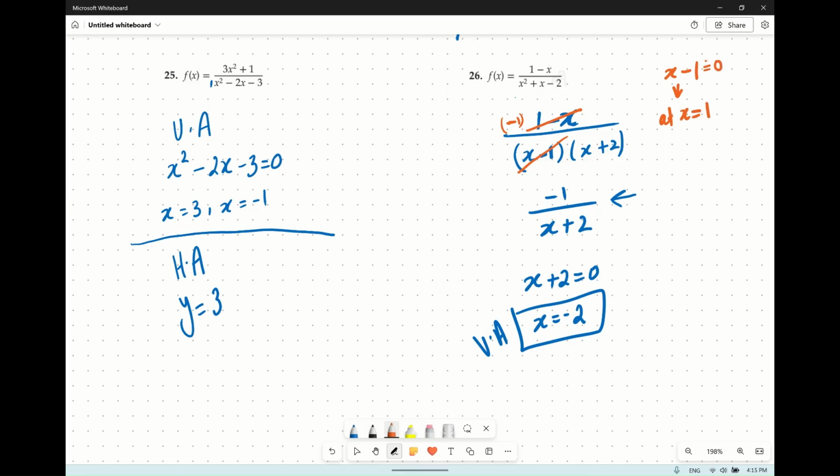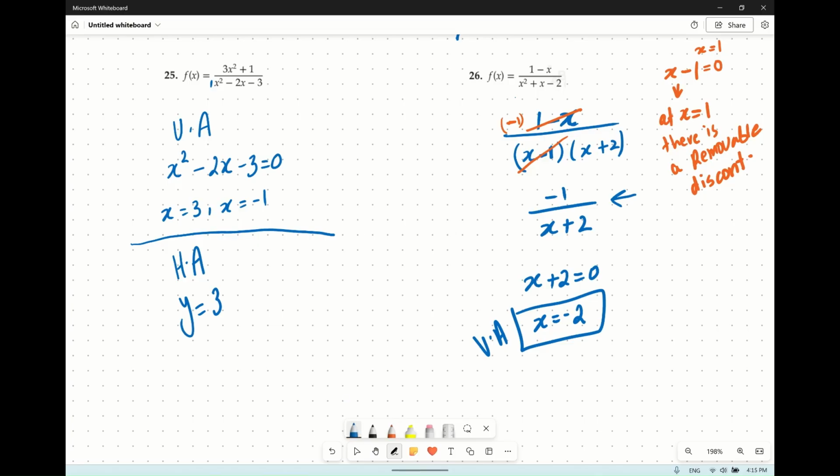If you go back and solve this equal to 0, you get x equals 1. There is a removable discontinuity, not an asymptote.